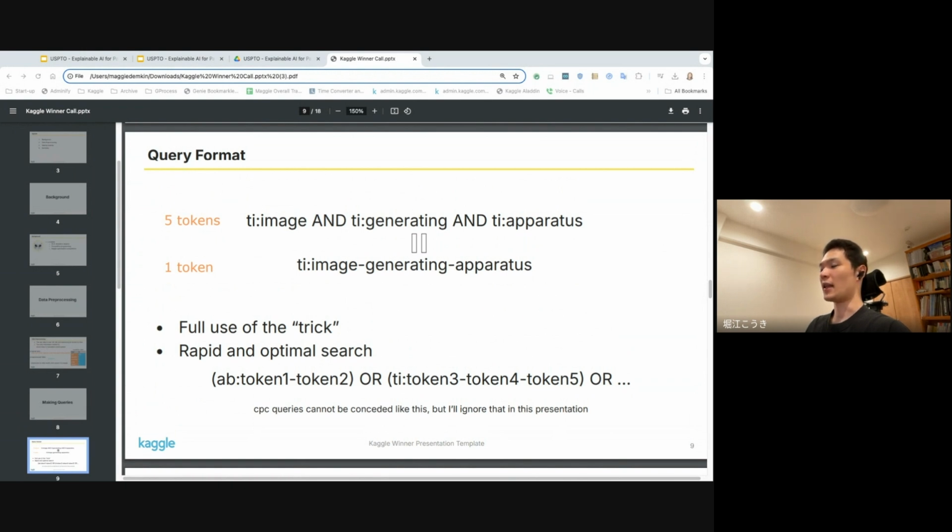And at maximum, I can connect 25 of these subqueries because the limit of the token number is 50, and 50 divided by 2 is 25. In the following part, I will explain how I generated thousands of subquery candidates and how I selected an optimal subset within them. Next slide, please.